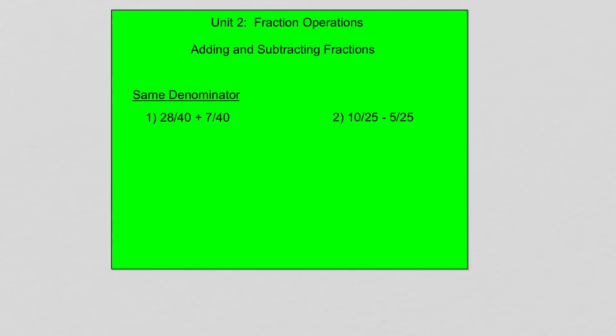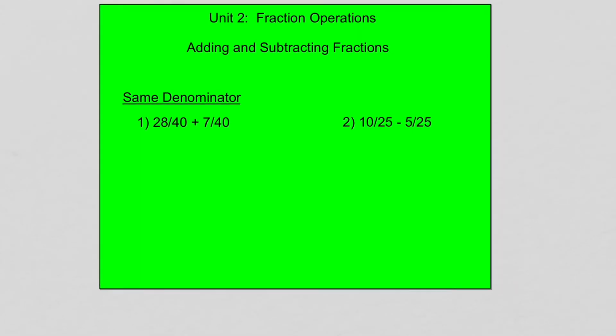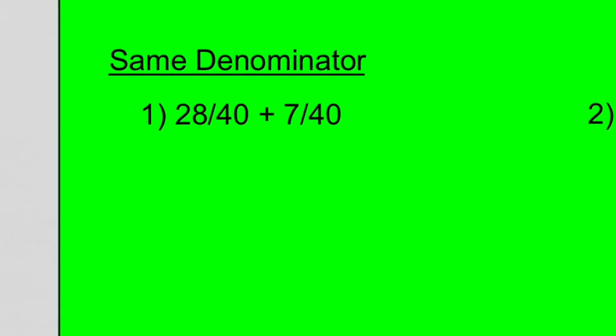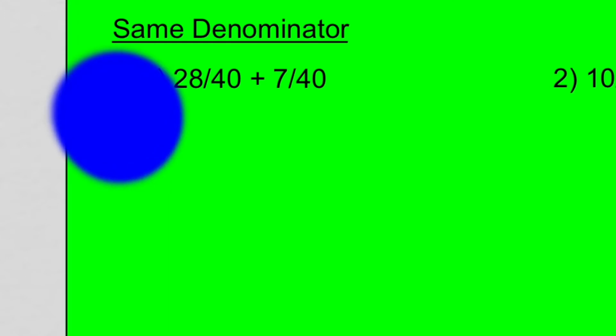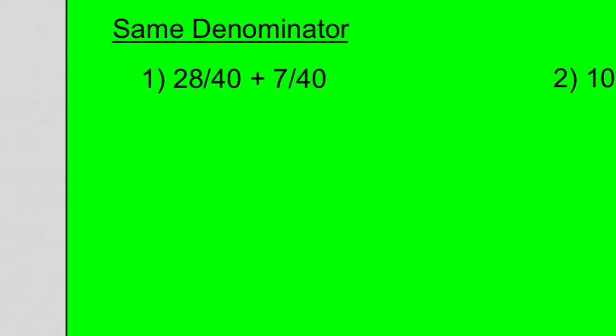We'll start really basic. The most basic kind of question is same denominator fractions. So let's take a look at those. So a very basic example of same denominator fractions: you'd have 28 over 40 plus 7 over 40.